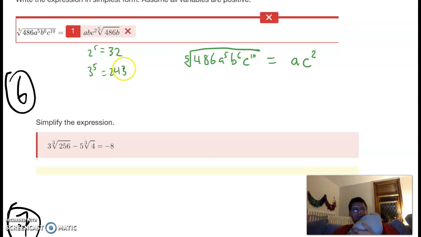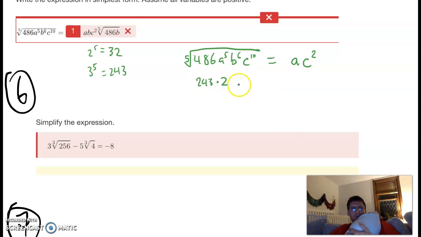Ooh, I think that's the one that's a perfect 5th factor, because 486 is just 243 times 2. So I've already taken the a and the c squared out by taking those 5th roots.